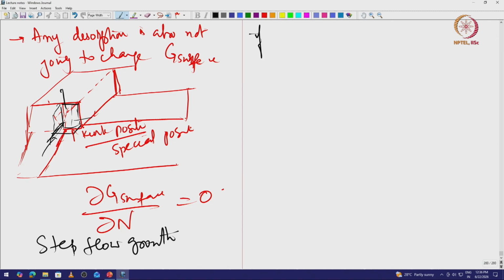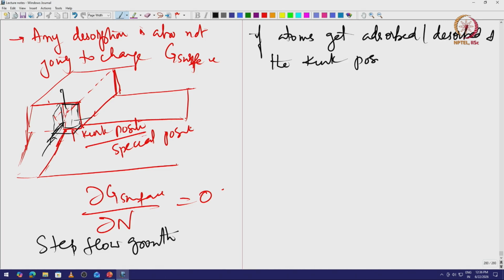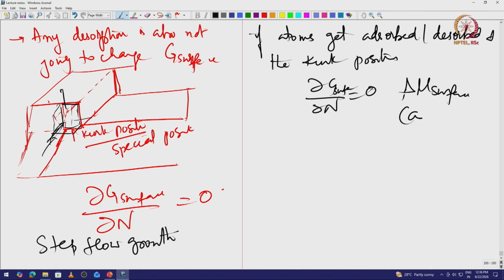So, if atoms get adsorbed and desorbed at the kink positions, right. In this mode of growth, dou G by dou N is 0, which means the chemical potential, or the changes in chemical potential, dou G surfaces, right. So, with more adsorption or desorption, that is equal to 0.